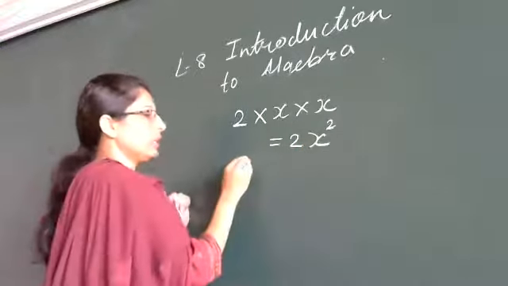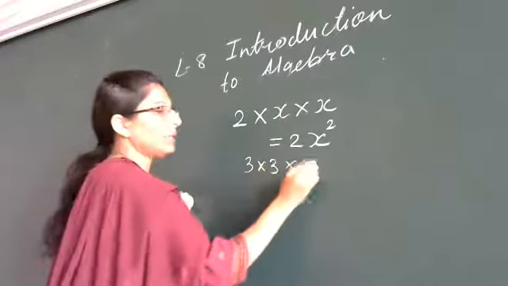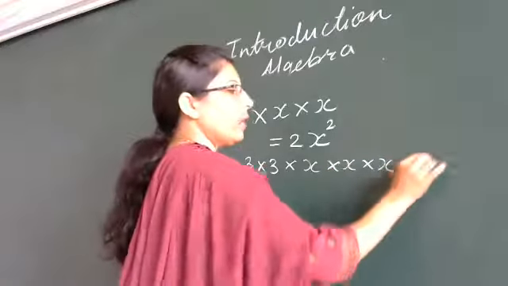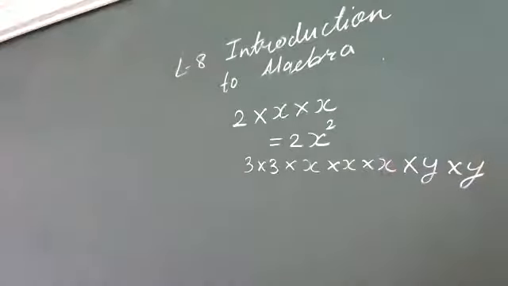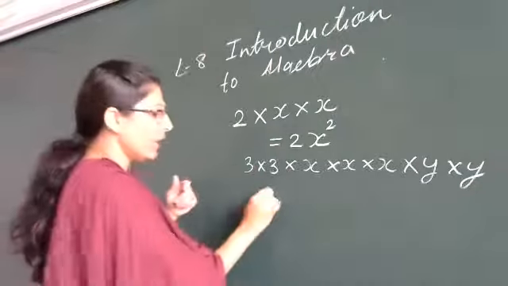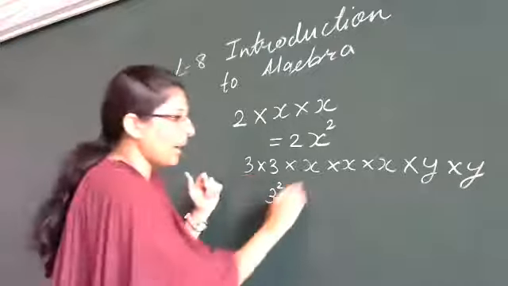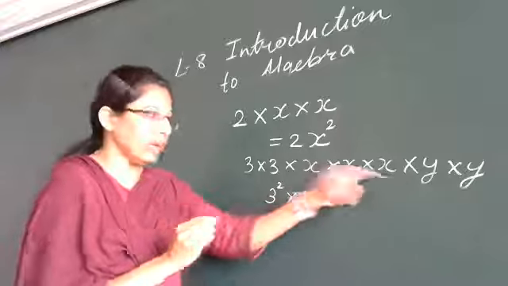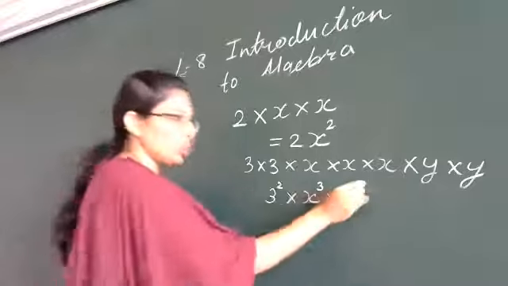If it is given 3 into 3 multiplied with x into x into x multiplied with y into y, how will you write? 3 two times, x three times, and y two times.